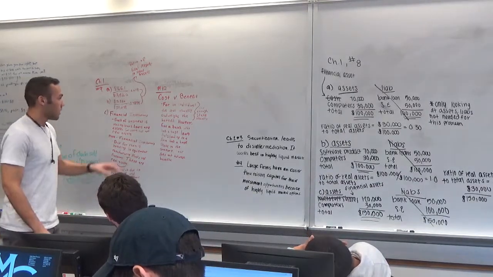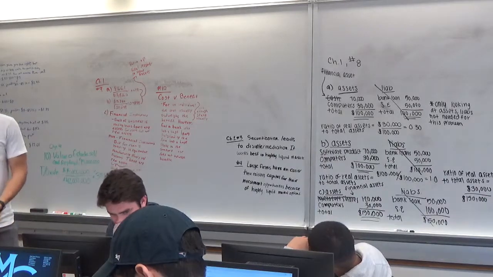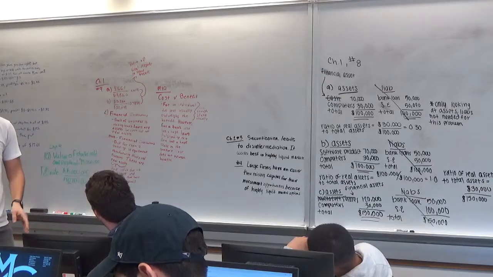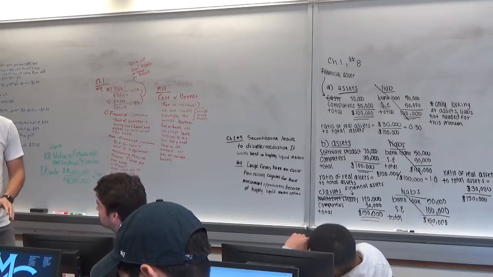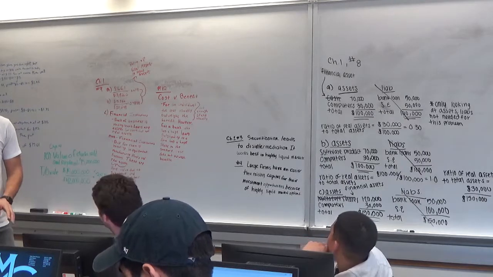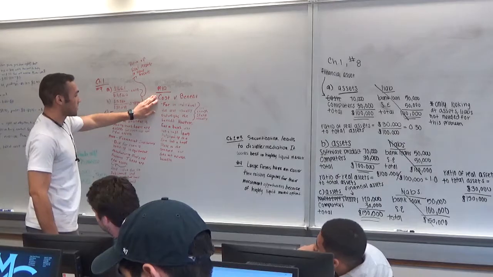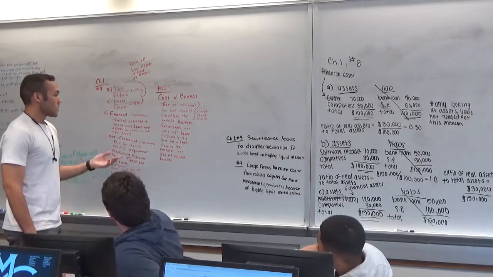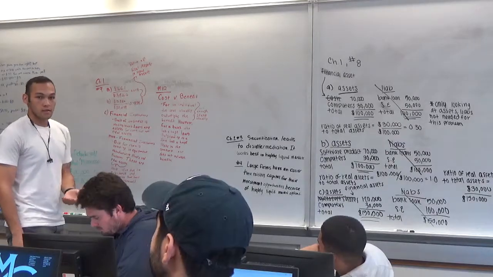For number 12, the question was, oversight by large institutional investors or creditors is one mechanism to reduce agency problems. Why don't individual investors in the firm have the same incentive to keep an eye on management? This came down really to cost versus benefit. For an individual investor, the cost usually outweighs the benefit.